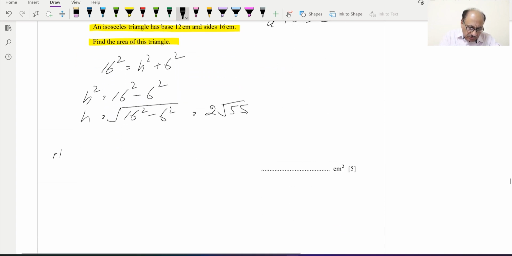So area is equal to half into base into height, which is half into 12, and height is 2 under root 55.